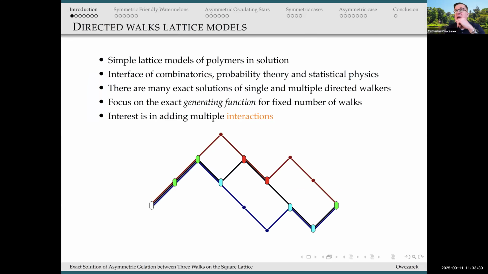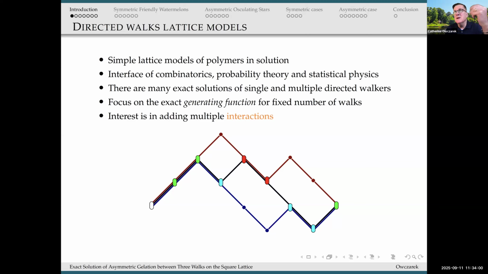Okay, so what am I talking about? The general area is about the solution of interacting directed walk models of polymers in solution, and these models occur in combinatorics as well as statistical physics and in probability theory.